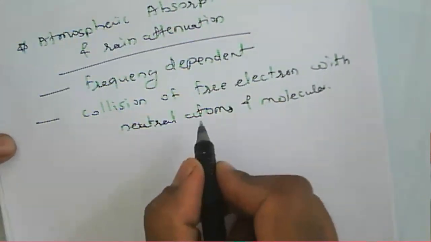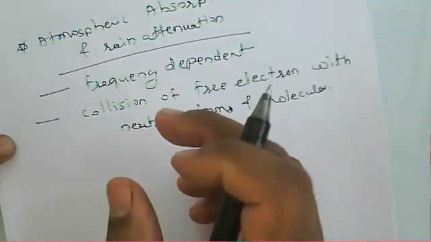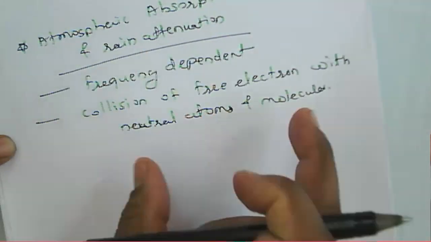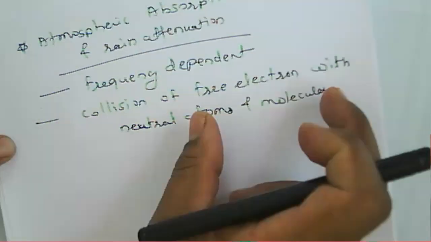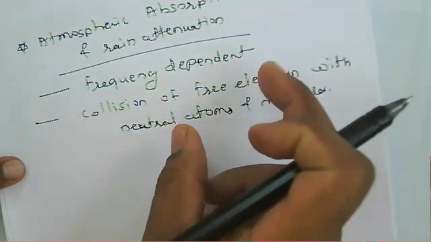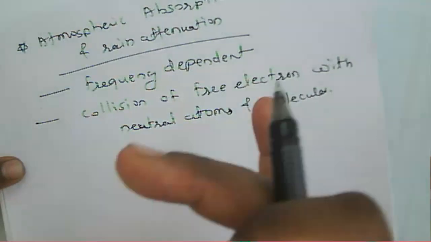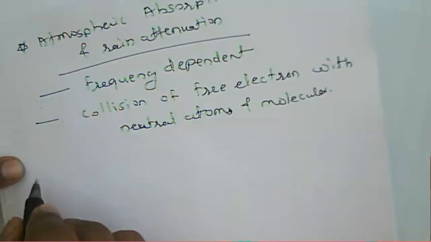Your wave is propagating through this atmospheric region, and because of that collision of electrons, the wave will get attenuated.